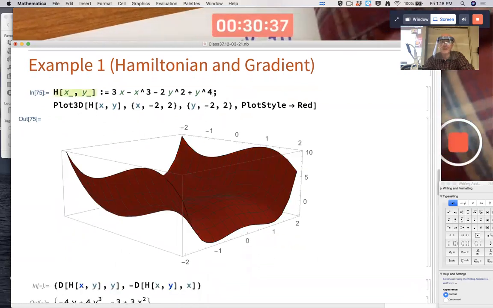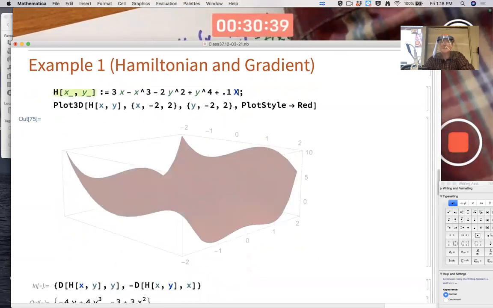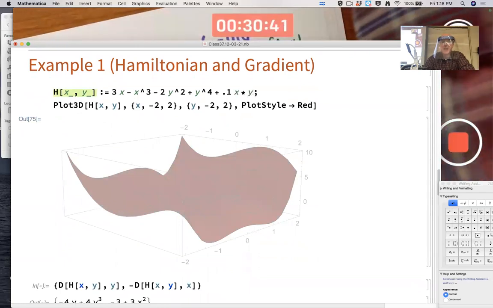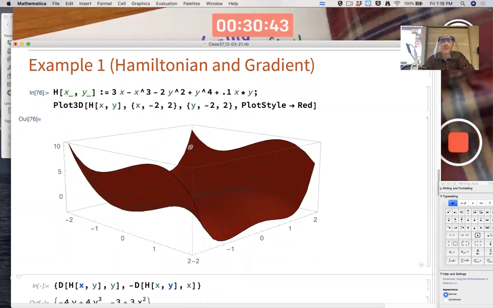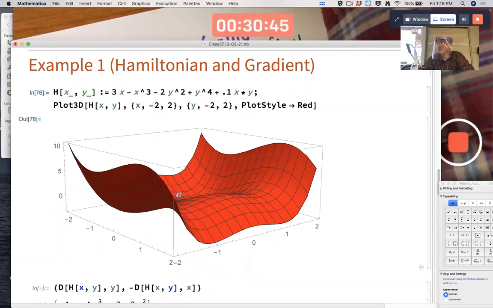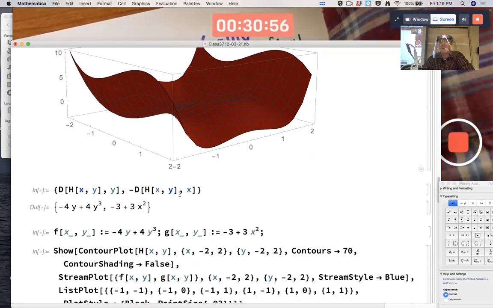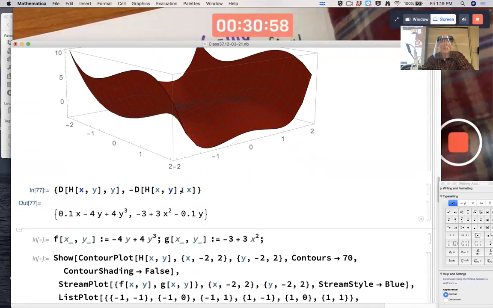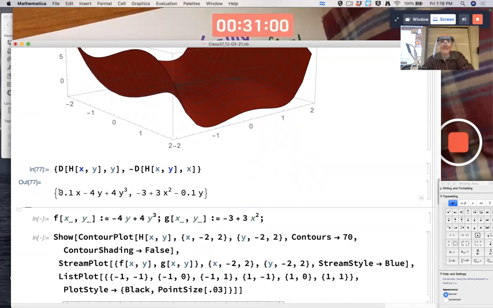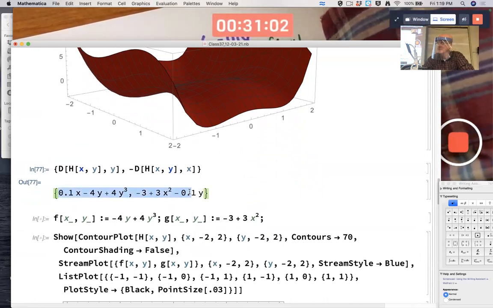If I add a small constant times x times y, it's not going to change the graph much near the origin. It doesn't look like much of a different graph. If you go further away from the origin, the change is more significant. But I'm still interested in the corresponding Hamiltonian system. But now both right-hand sides depend on both variables.